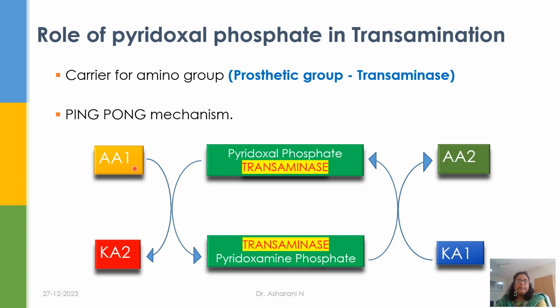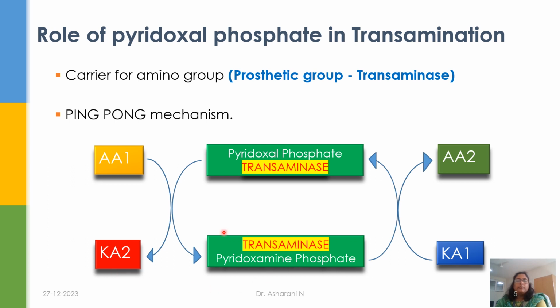Once the amino acid donates its amino group, it is received by PLP, which gets converted into pyridoxamine phosphate. So the PLP, pyridoxal phosphate, becomes pyridoxamine phosphate. After removing the amino group, this amino acid becomes a new keto acid.